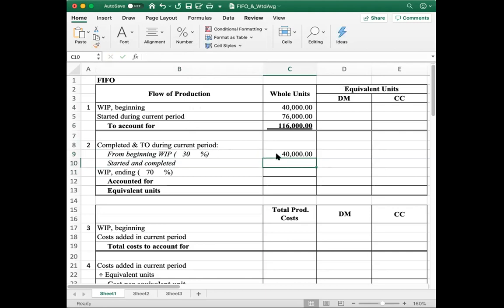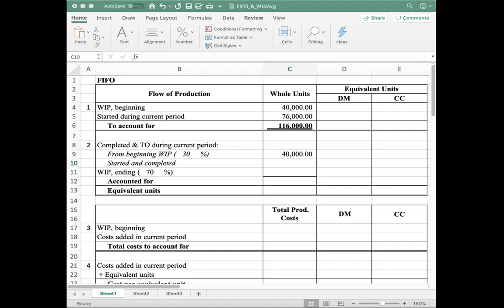And in the number of units started and completed, what is given is completed and transferred out. We don't have how many units we started and completed, but because we are using the FIFO method, we can figure it out, because the first units that we are going to finish are from the beginning working process.